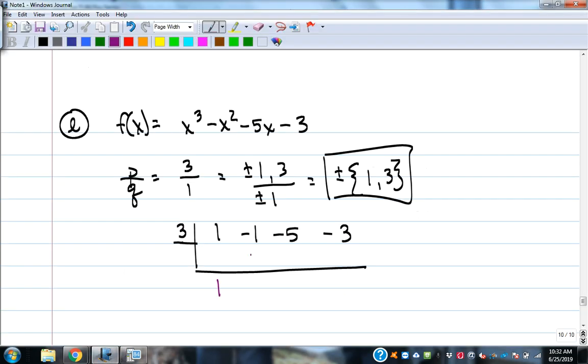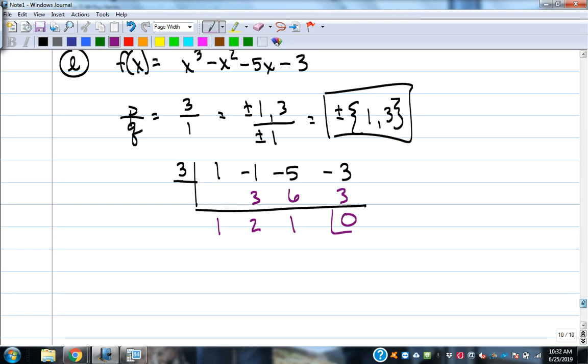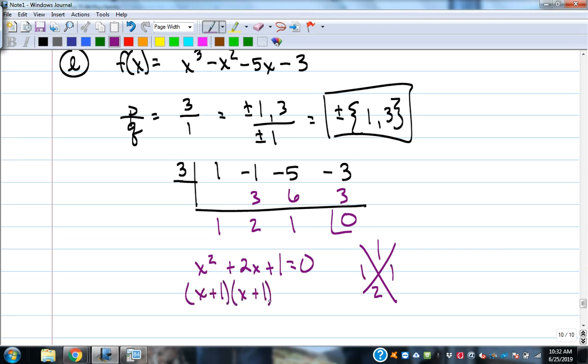Drop down the 1, multiply. And there I get the 0 in there, and that works out great. And then I've got x squared plus 2x plus 1 equal to 0. So I got a quadratic there. And I'm going to factor that: 1 and 1, x plus 1, x plus 1.